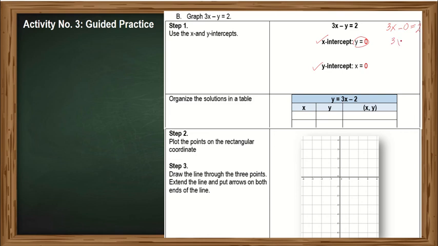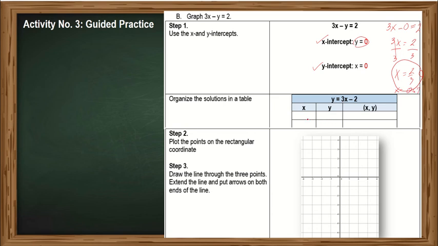So you have 3x is equal to 2 because this is already 0. Then divide both sides by 3 to get the value of x, and that is 2/3. Notice that this is not a whole number. We may find difficulty in locating this. Anyway, we can just estimate it. 2 divided by 3 is about 0.67.